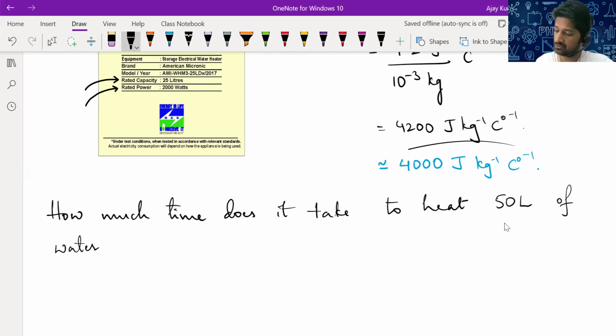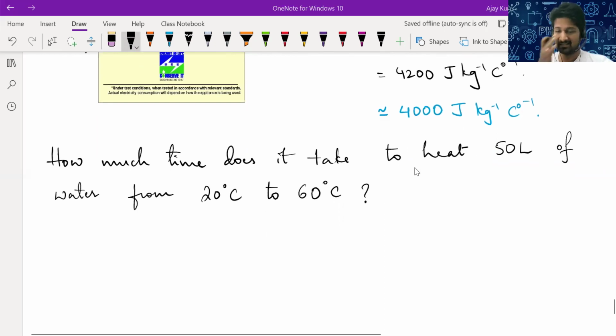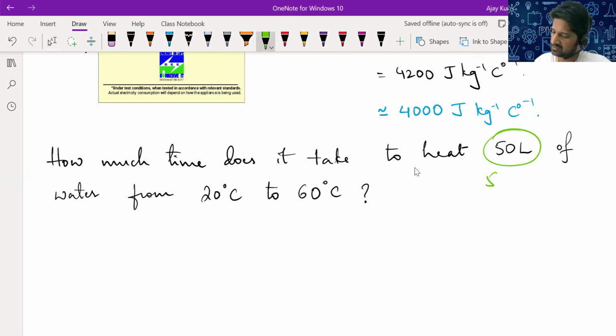Because without that, you can't use the specific heat formula. How much is the density of water? I told you this many times. Water density is very easy to remember. 1 liter of water weighs 1 kg. So 50 liters means 50 kgs.